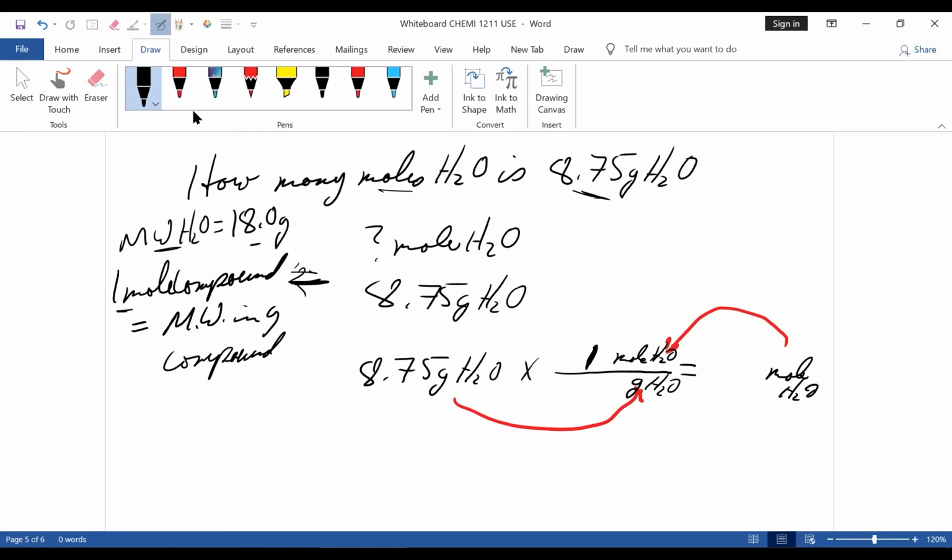1 mole of a compound equals its molecular weight. For water, it is 18.0. Before I pick up my calculator, remember, anything divided by itself equals 1. Grams of water divided by grams of water, 1, cancels out. I'm left with my answer in the right units.